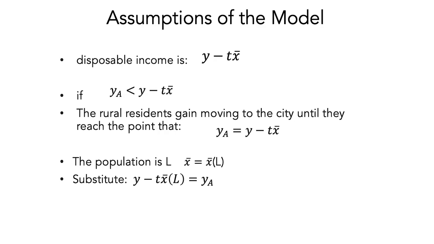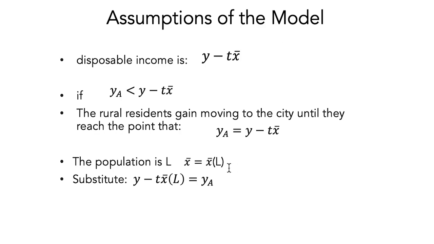Okay, suppose we have a low income from agriculture. Let's suppose agriculture is having a low productivity season. Now, to reach equilibrium, Y minus t x bar of L must also be small. This means that x bar, the distance that depends on the population, must be large. So we must have a large population.